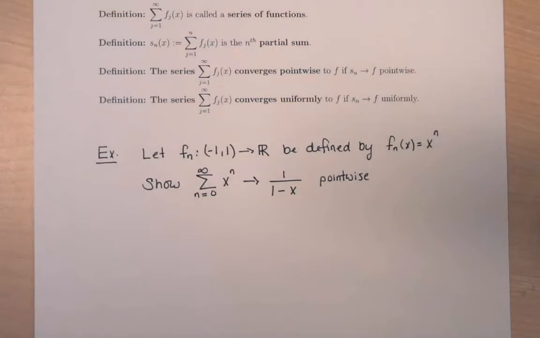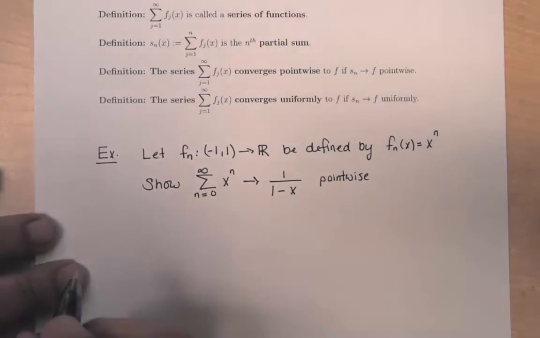So let's take a look at an example. Let's consider a sequence of functions defined on the open interval -1 to 1, where fn of x is equal to x to the n. Let's show that the series converges to 1 over 1 minus x pointwise.